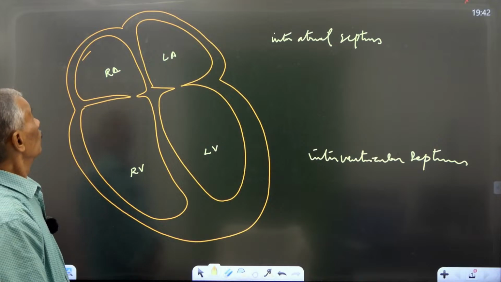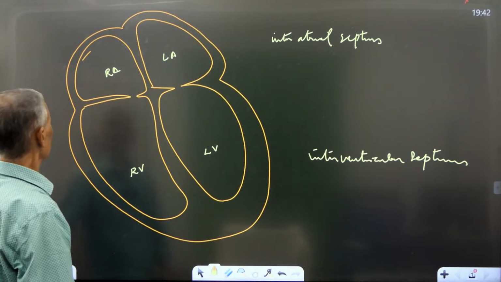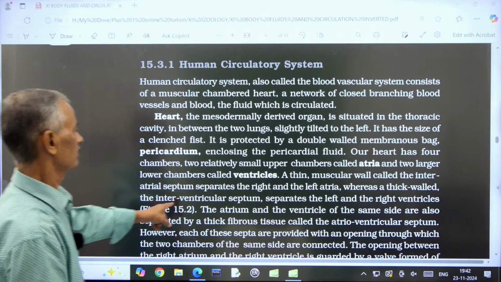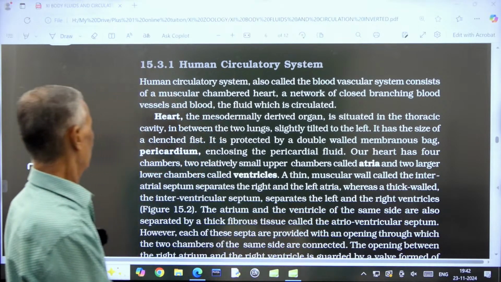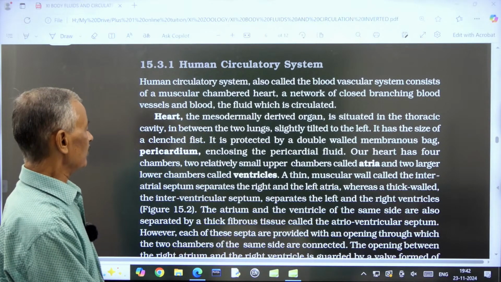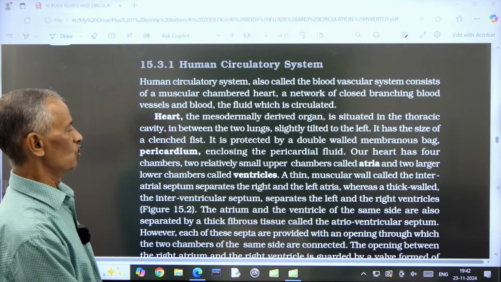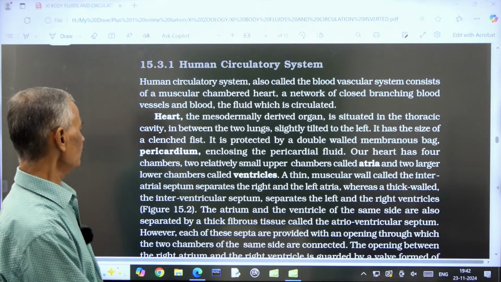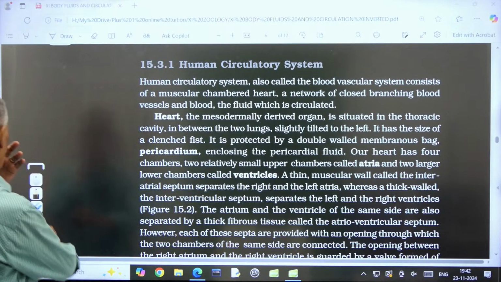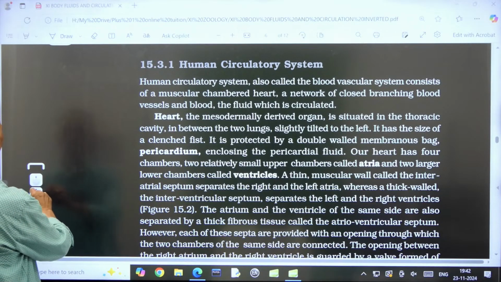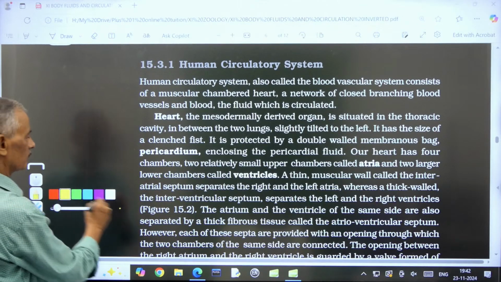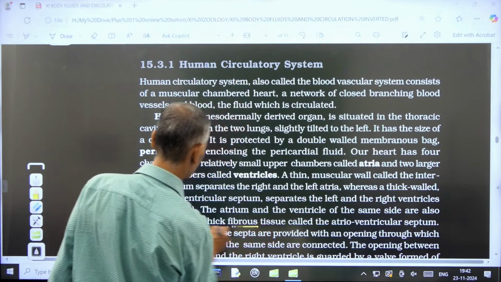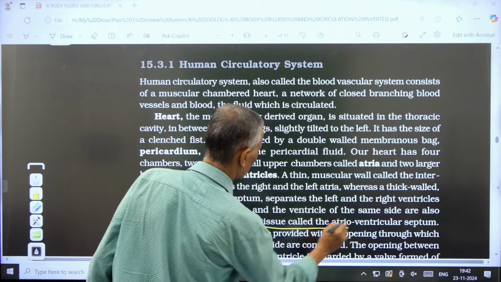Now, in between the atria and the ventricles, they are separated by a thick fibrous tissue, not muscular. Please underline that part. Separated by a thick fibrous tissue.